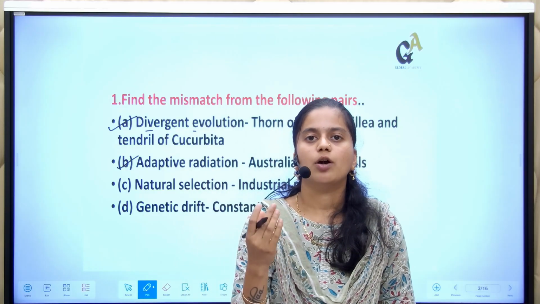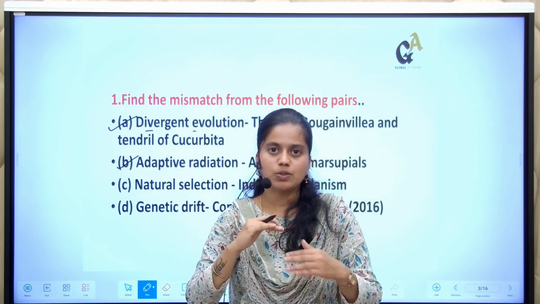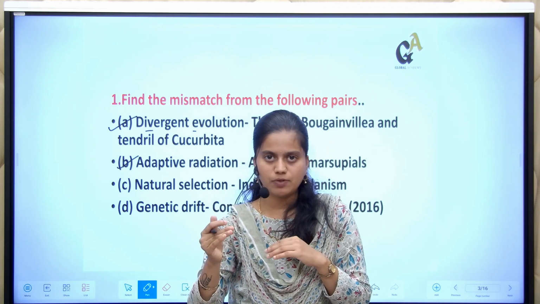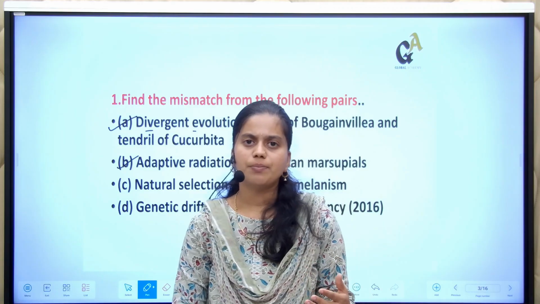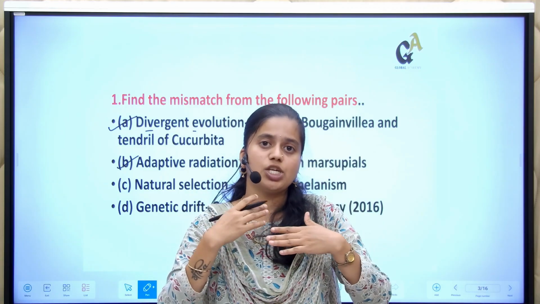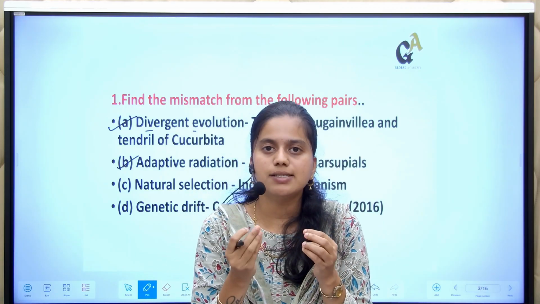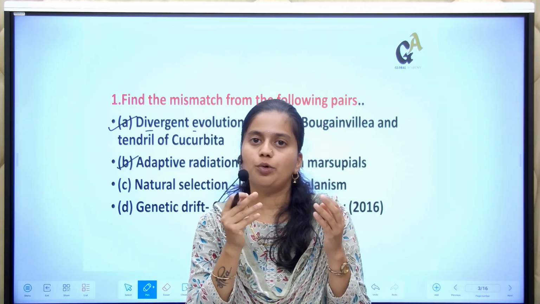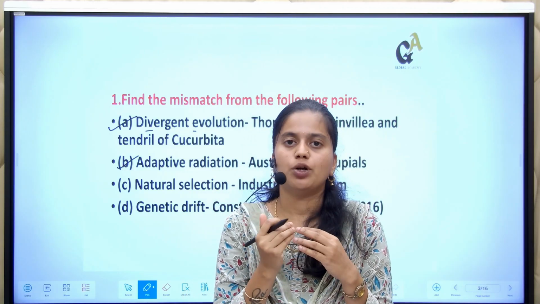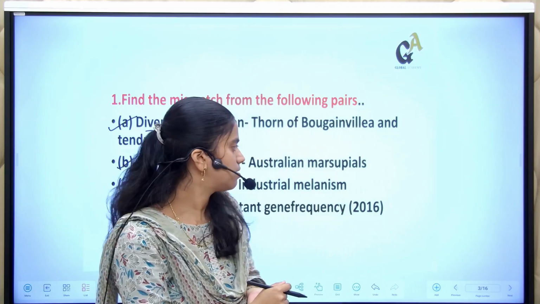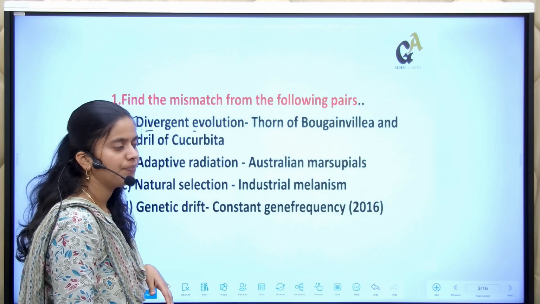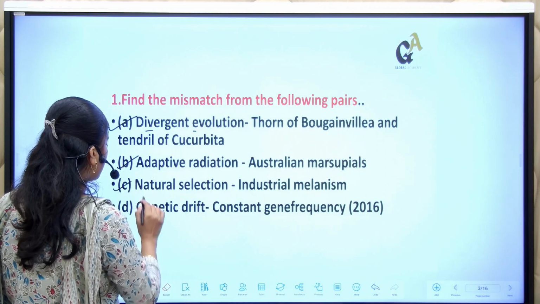The moth, which was light in color and camouflaged to the earlier environment, was easily identified by the predator. Ultimately it changed its color from green to brown. It camouflaged itself in order to survive. That is the survival of the fittest, or natural selection, that we study in industrial melanism. So this is also a correct match.